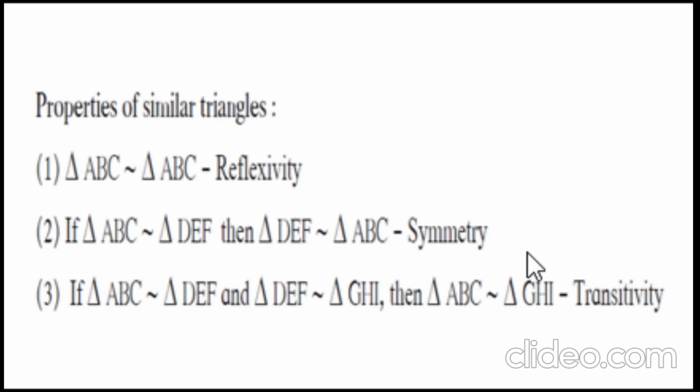This is known as symmetry. Third property: if triangle ABC is similar to triangle DEF, and triangle DEF is similar to triangle GHI, then the first one and the third one are automatically similar. So triangle ABC is similar to triangle GHI. This is known as transitivity.